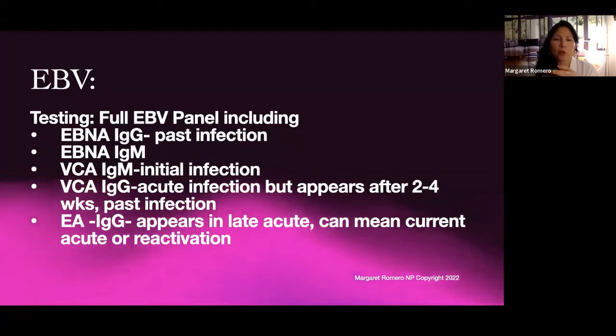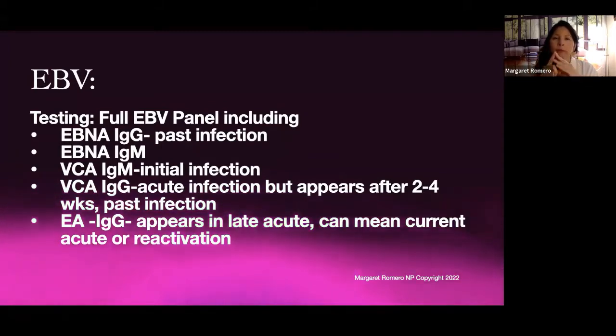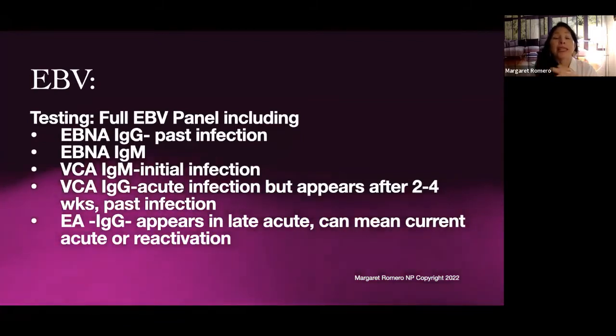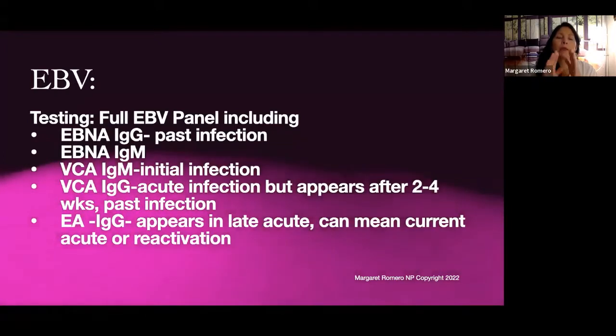It's going to show whether you have an acute infection now, whether you had a major one in the past, or if you have reactivation. Reactivation happens when you're stressed, when you're not sleeping, when you're not eating well. Epstein-Barr virus is one hell of a virus.